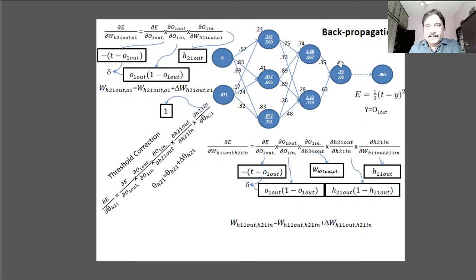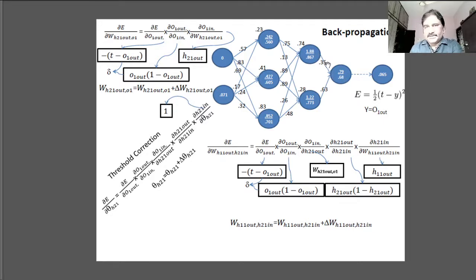Now again, this part O1 in: differentiation of O1 in with respect to this weight, the weight between H21 out and O1 in. How are they related with each other?